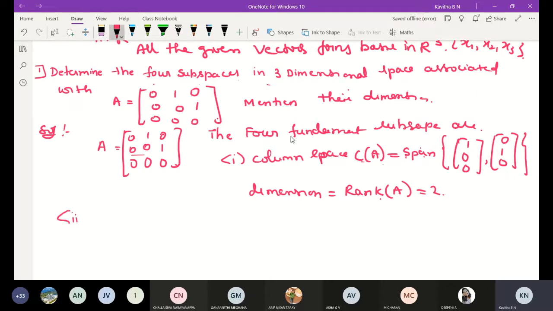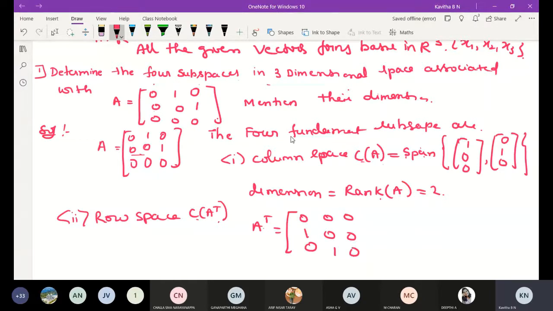Similarly, write down the second one, the row space, C of A transpose. A transpose columns can be written row-wise: 0, 0, 0, then 1, 0, 0, then 0, 1, 0.